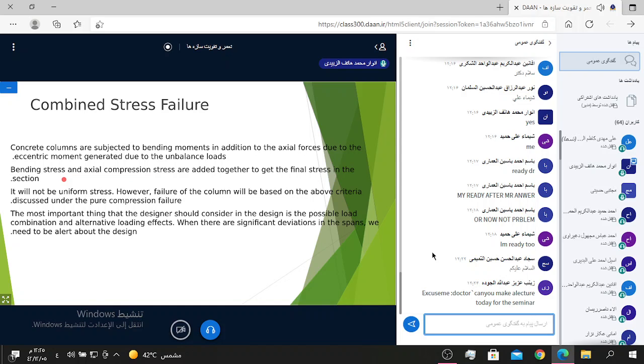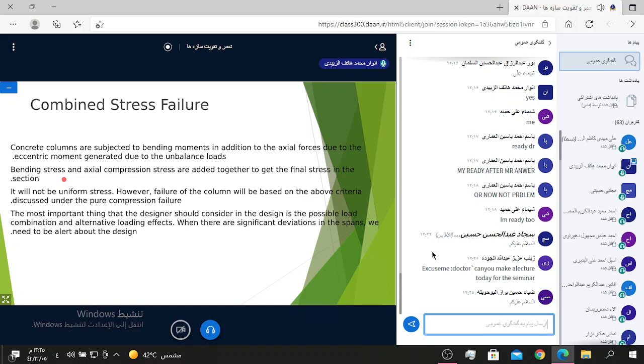The most important thing that the designer should consider in the design is the possible load, foundation, and alternative loading effects when there are significant deflections in the span.